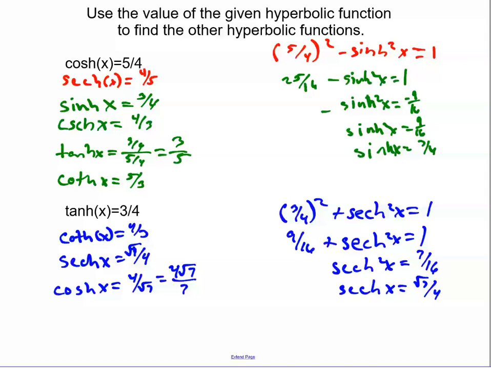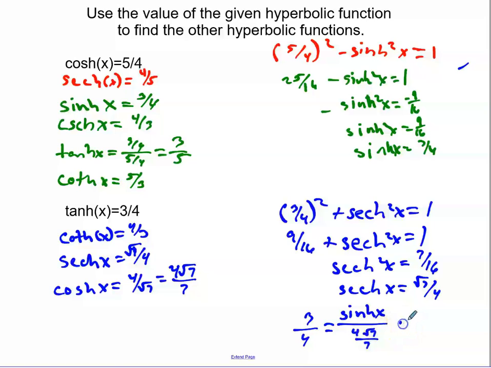All right, lastly, we need to find sine. And you've got a couple options here. Since we know hyperbolic cosine, you can use that rule right there that we did, the same way we did the first problem. You could also use your hyperbolic tangent rule and just modify it. So I know that 3/4, which is my tangent, is equal to my hyperbolic sine over my hyperbolic cosine, which is 4 square root of 7 over 7.